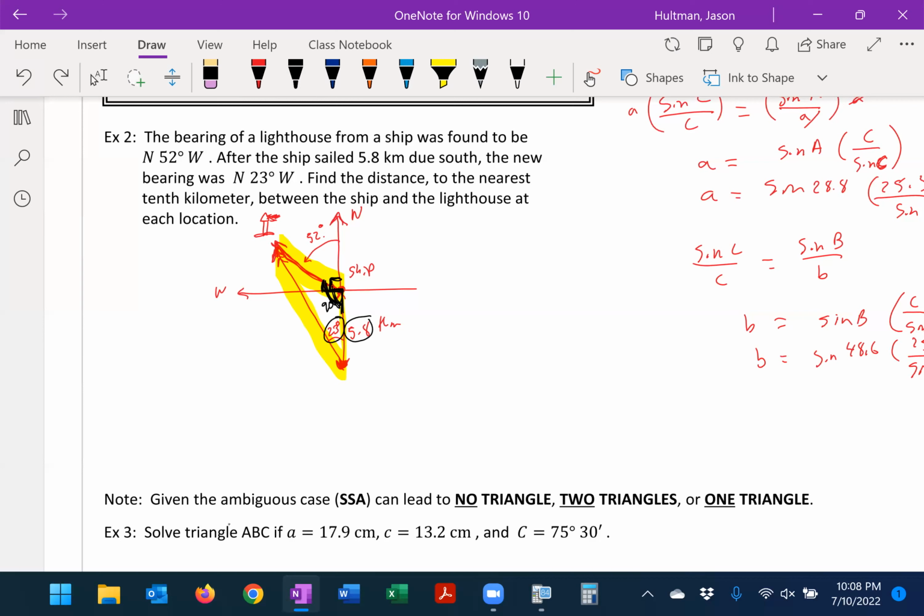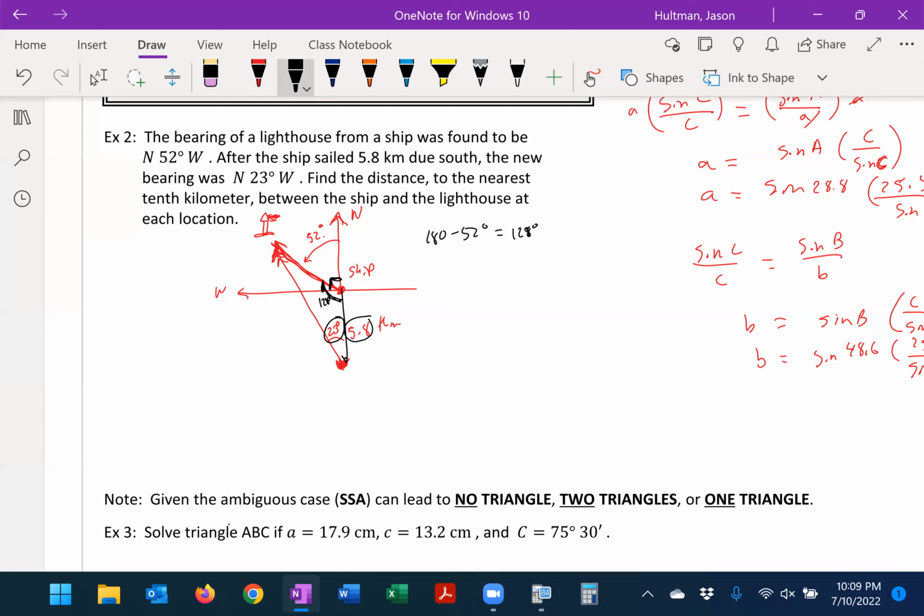So if I go 180 minus 52 degrees, I get 128 degrees. So that's that angle there. So it's not 90 degrees. So this whole angle here is 128.